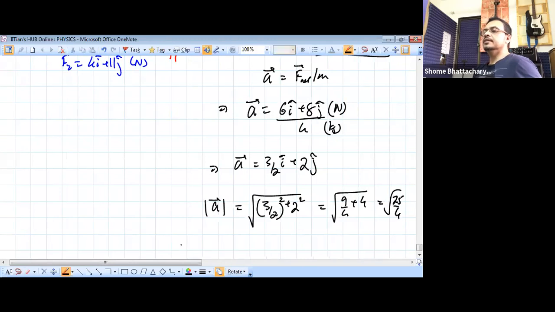So the magnitude of acceleration is becoming how much? It's becoming 5 by 2 meters per second square. Simple.